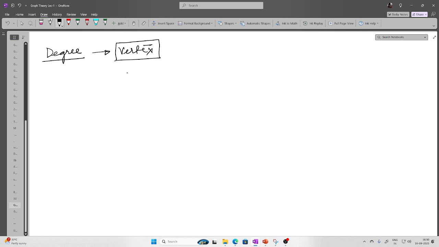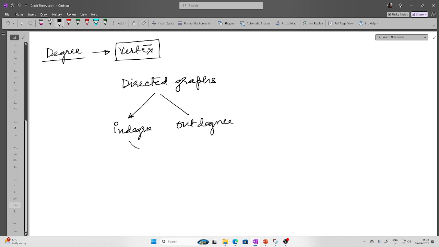In case of directed graphs, we normally evaluate three types of degree. First one is in degree, then out degree, and the third one is basically the sum of these two.